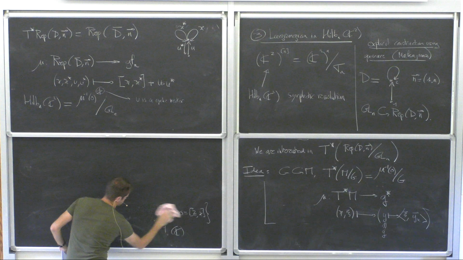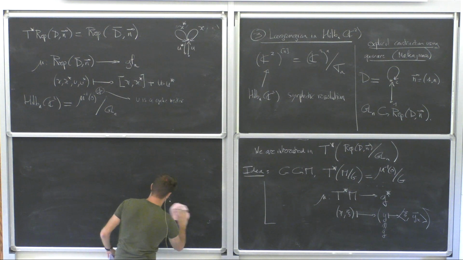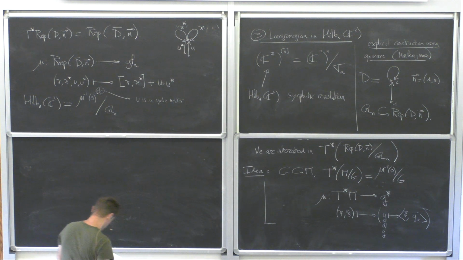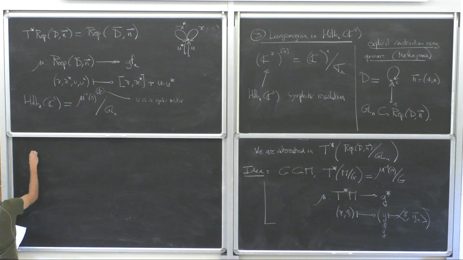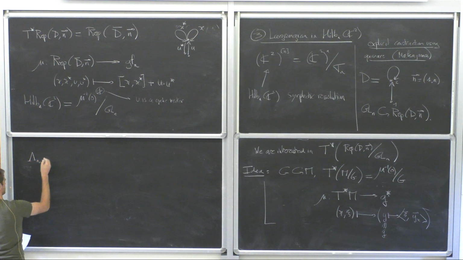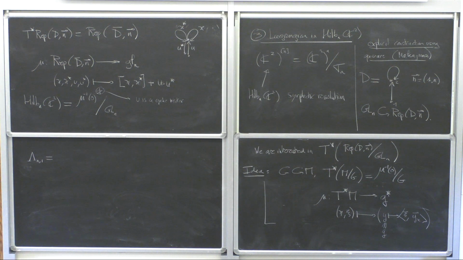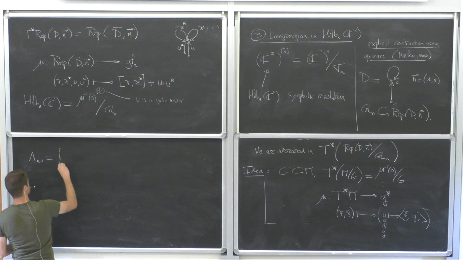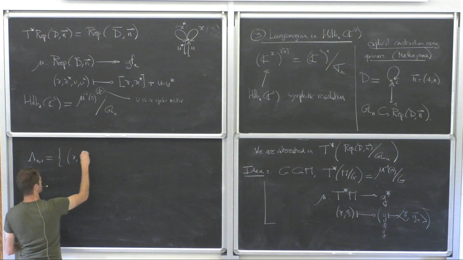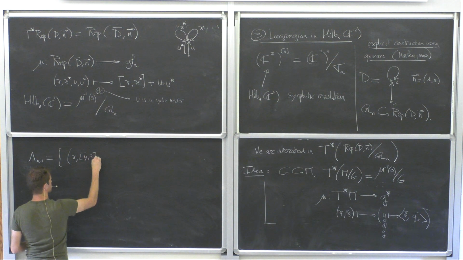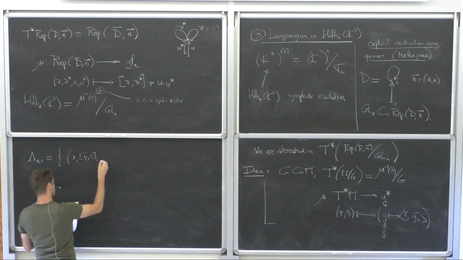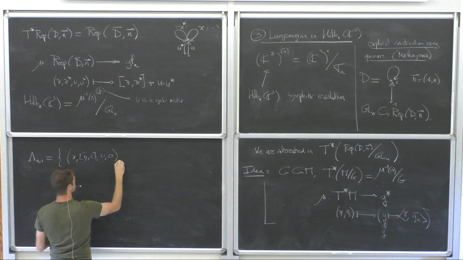So let me, I erased precisely what I'm going to rewrite, sorry. So we still have this lambda n, let me write lambda n comma 1 because we have now this framing. That's the same thing as before almost. We have x, we have brackets between y and z, we have u, we have 0.